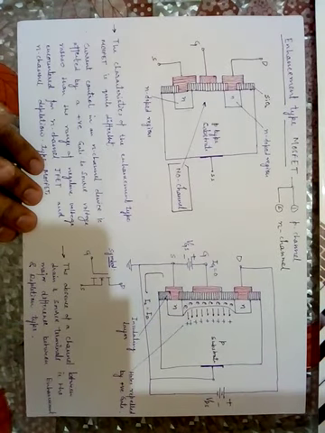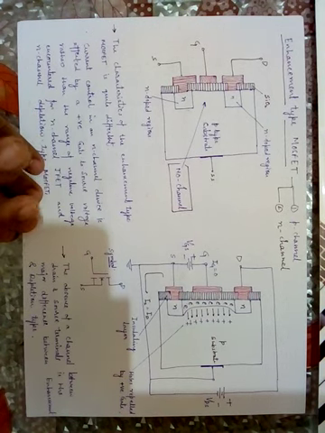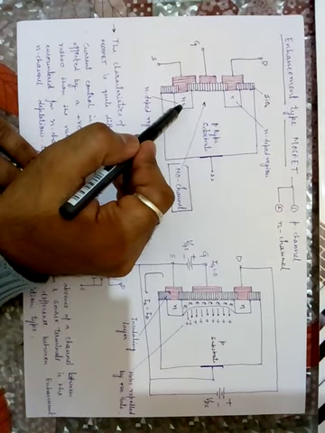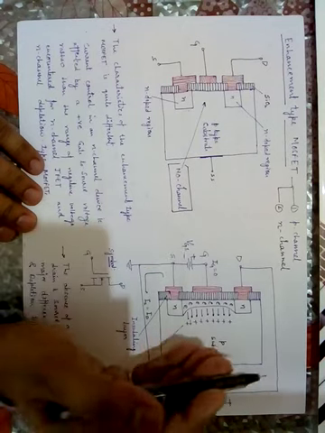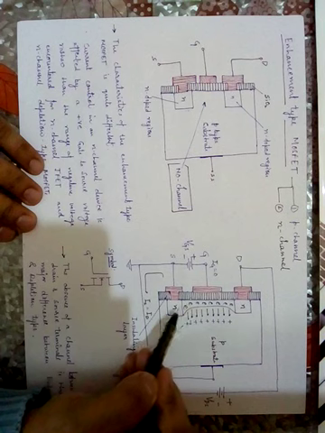So that is the most important concept of the enhancement type MOSFET, where no channel exists already between drain and source, but we apply a positive voltage, so electrons can come and create a channel between drain and source.